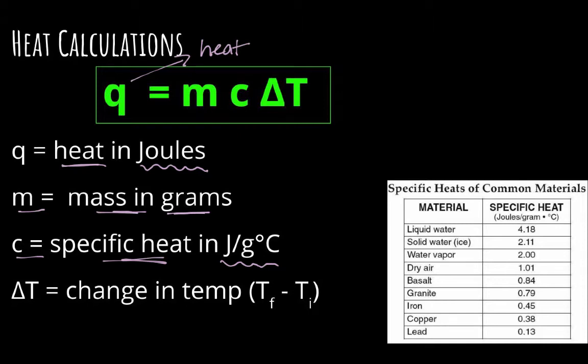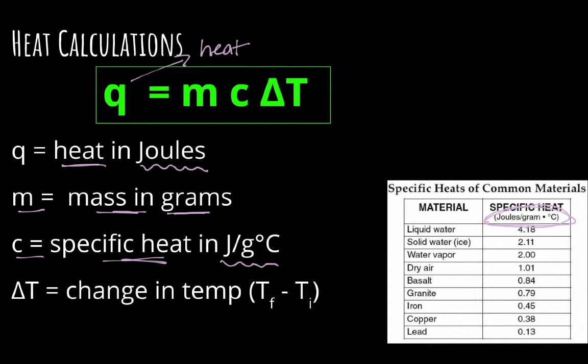Make sure the table you're using has the units of joules per gram degrees Celsius, because that's what we're going to use. If you use something else, you would have to do other conversions. So for now, let's just use joules per gram degrees Celsius.